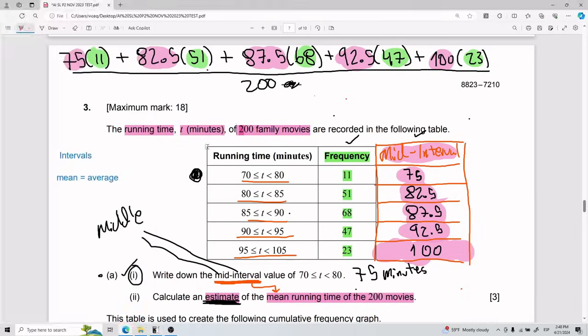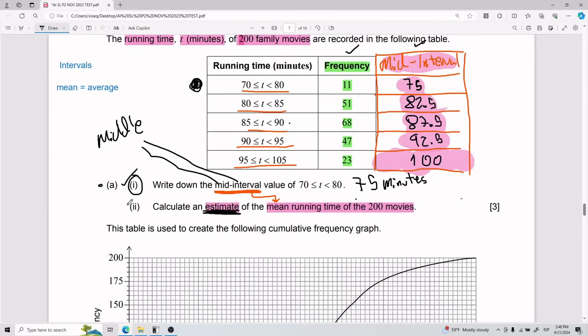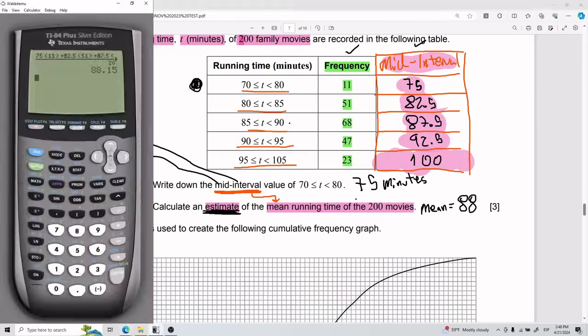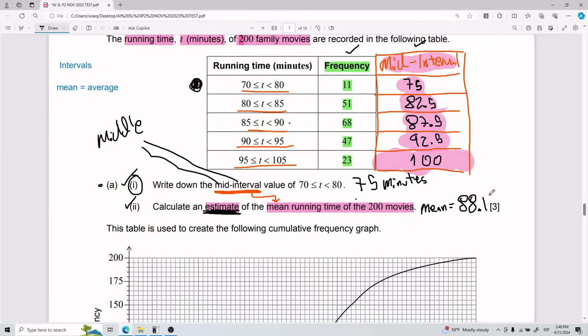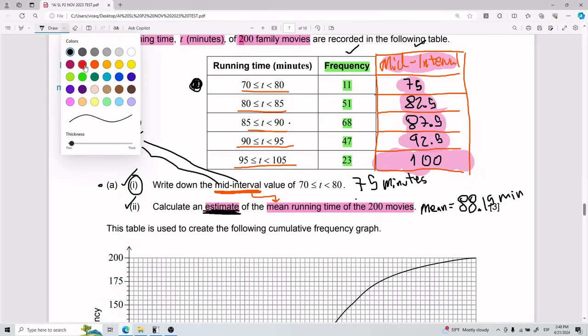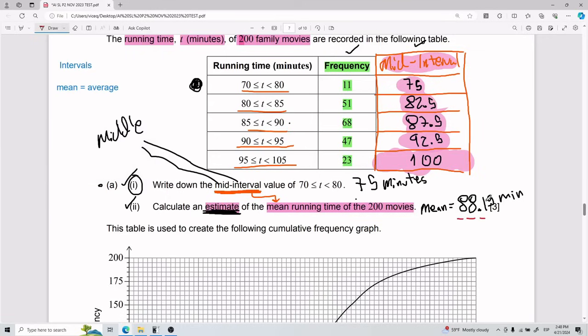There you go. And so for part A double I, we have that the estimated mean is going to be 88.15 minutes, right? If you're the kind of person that loves significant figures, you can count 1, 2, 3, round it up or keep it the same. You round it up, okay? Both of them work. I suggest leaving the long answer.